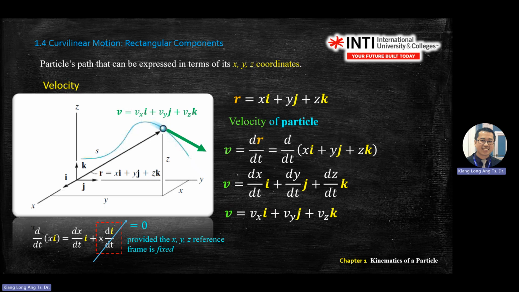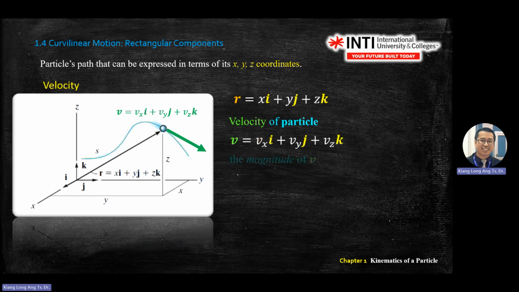All this diagram is inside the tutorial question. To draw all these things, you can download the tutorial question and you open up in your tablet, so you can print it out so that you don't need to copy every time. Okay, again, magnitude of vector. Can you recall the slide how to find magnitude? Square this one plus square this one plus square this one, square root.